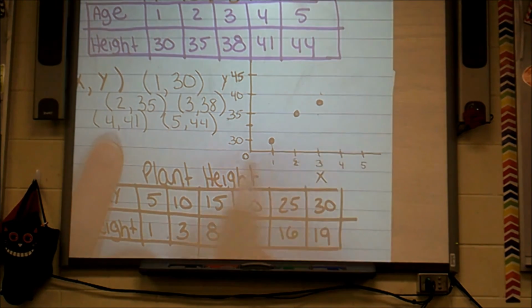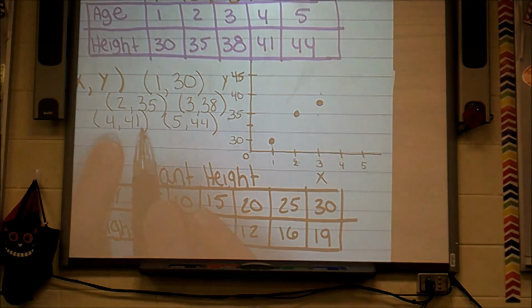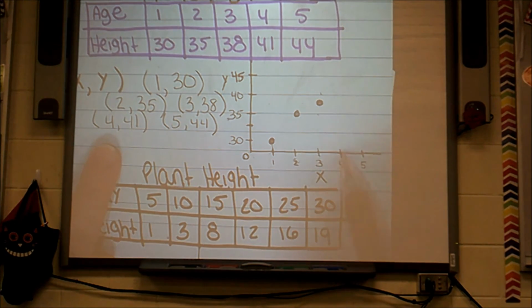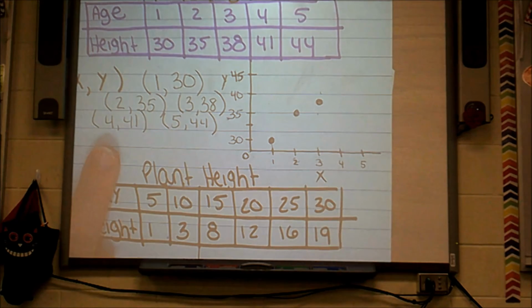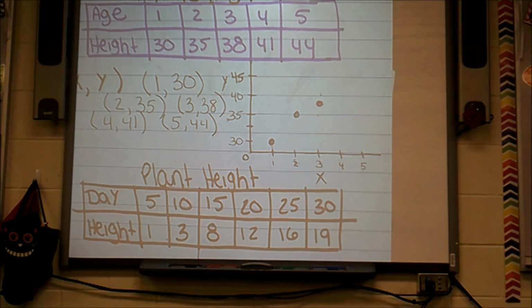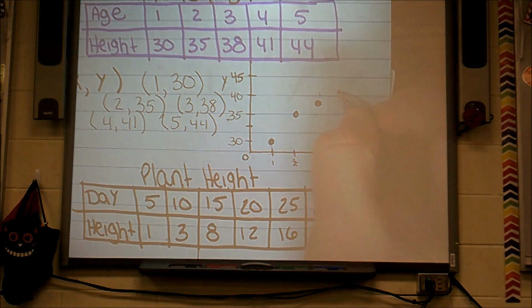When Ryan is 4, he is 41 inches tall. Over to the 4, up to the 41. Again, I don't have a 41, but I do have a 40. And I know that 41 is only 1 more than 40. So I simply put it right above that line, the 40 line.